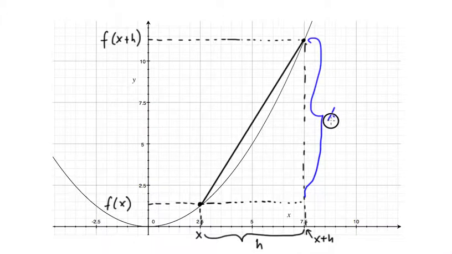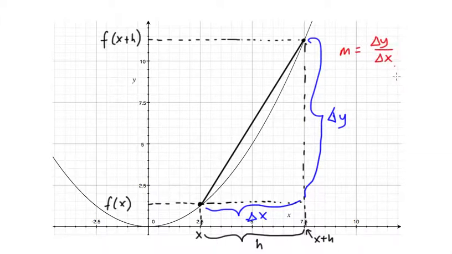This is our change in y, and this is our change in x. And our equation of the slope, once again, was m equals change in y over change in x, which is y2 minus y1 over x2 minus x1. So this is very similar to what we had before when we had a linear equation.